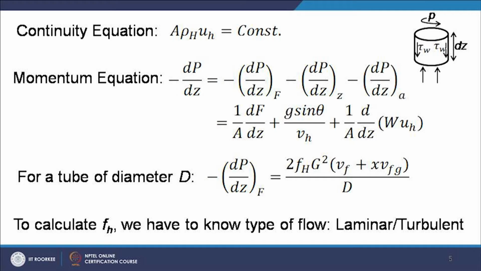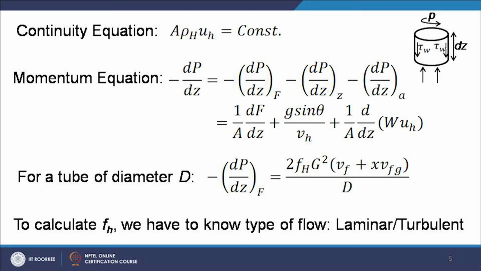So, first the friction comes into the picture. You see here, dP dZ due to friction, I can write down as 1 by A, where A is nothing but the cross sectional area of the pipeline, multiplied by dF dZ, where F is the frictional force. Now, let us see how we can simplify that frictional force.